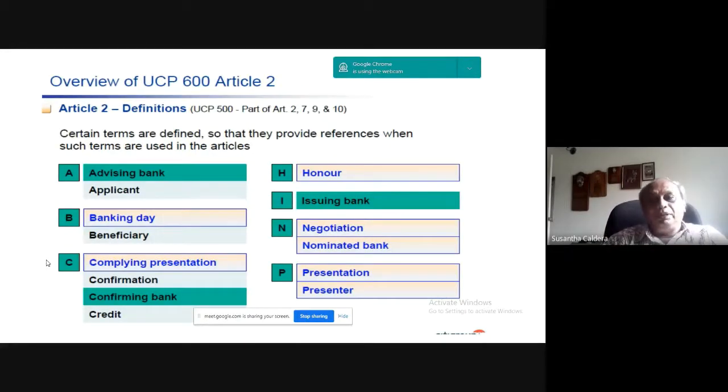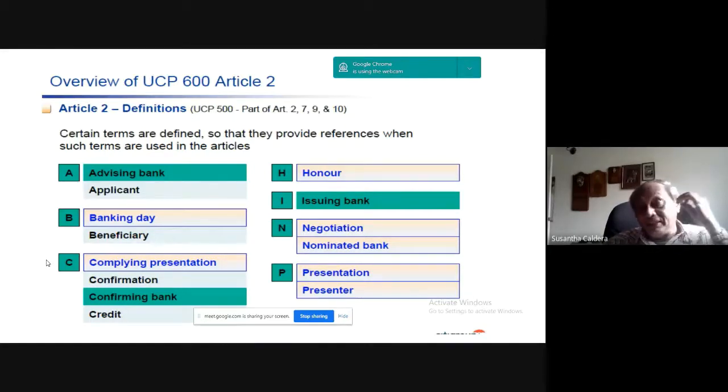Article 2 talks about the definitions. Earlier, in UCP 500, the definitions were scattered across Articles 2, 7, 8, 9 and 10. There were certain definitions here and there.